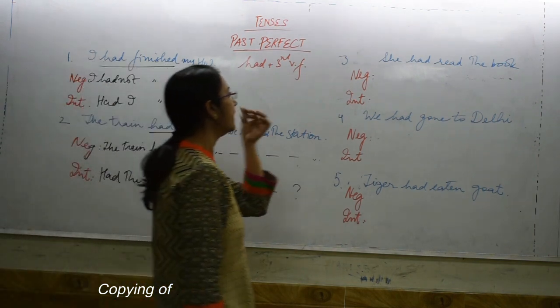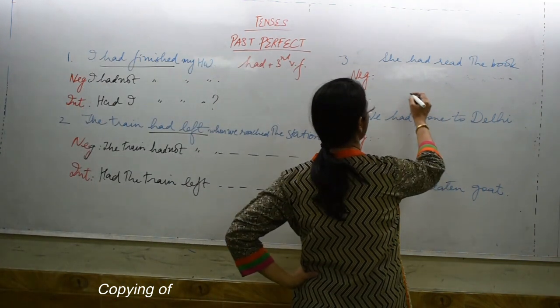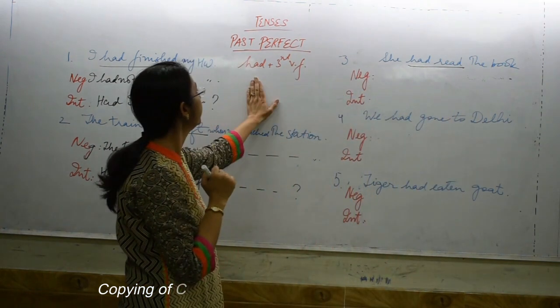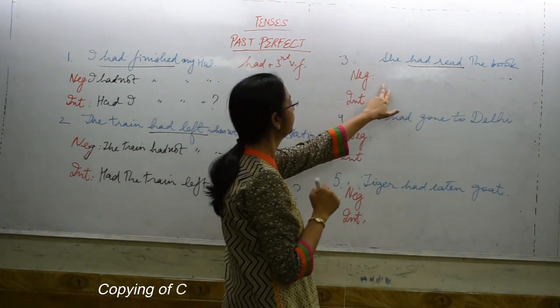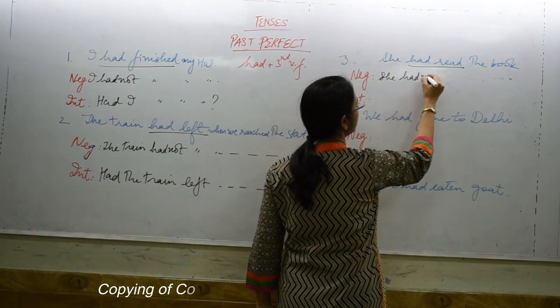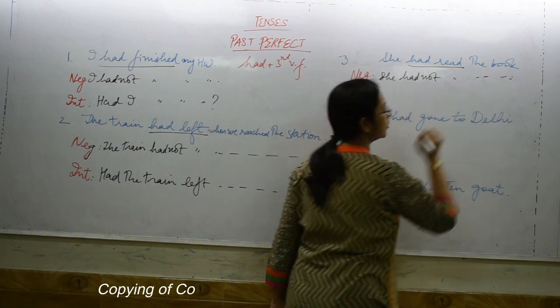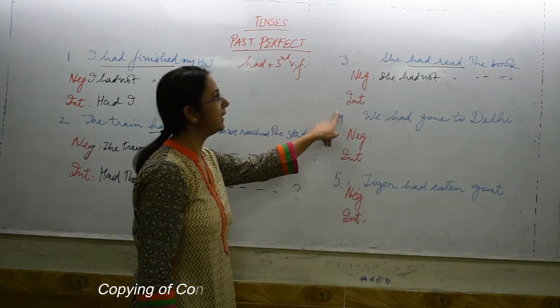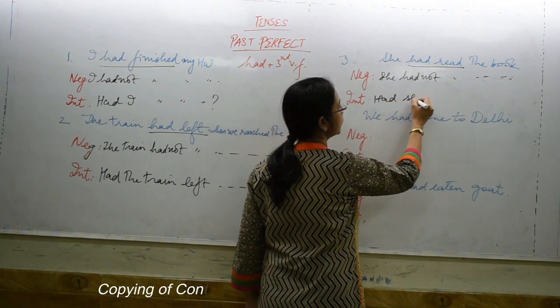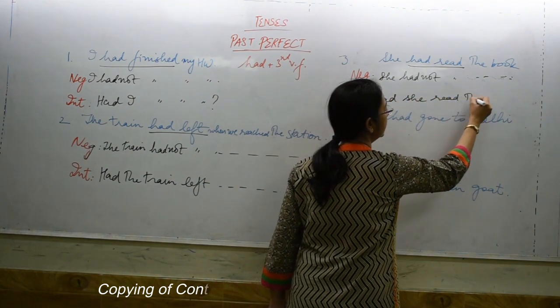Now, she had read the book. Had read is our past perfect. So negative would be she had not read the book. Interrogative: had she read the book?